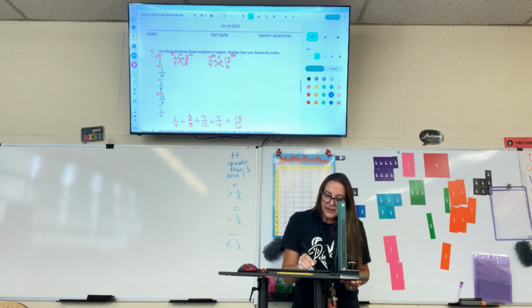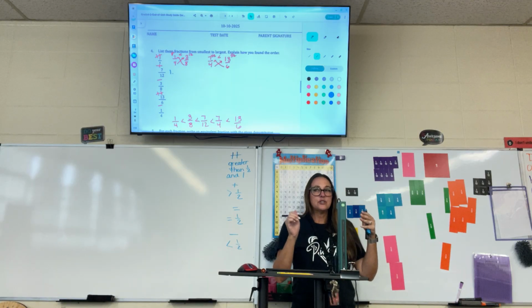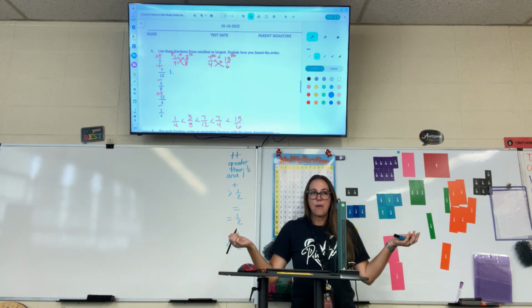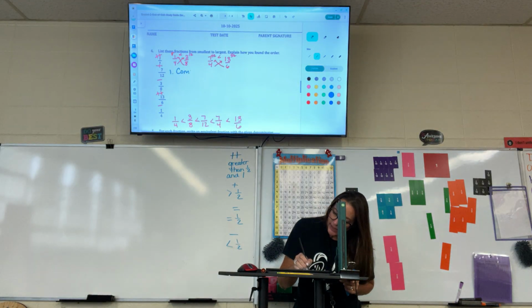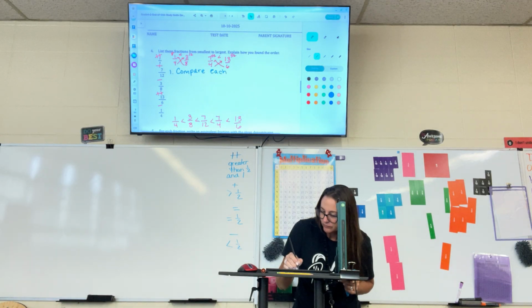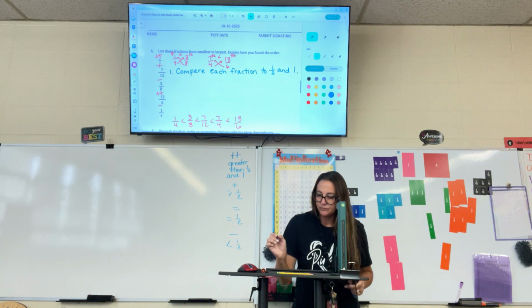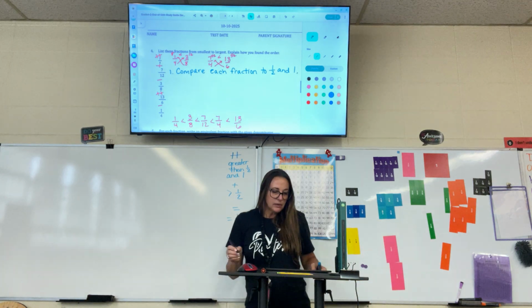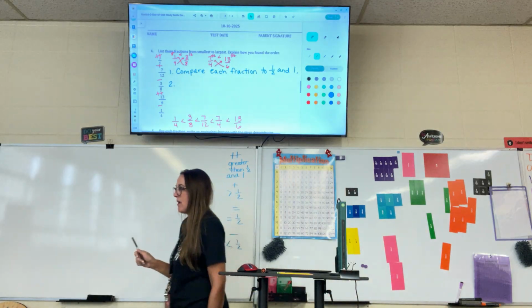Now, it does say explain how you found the order. What was the very first thing that we did? Compared each fraction to benchmarks. Okay, so step 1, compare each fraction to 1/2 and 1. And then what did we do next?